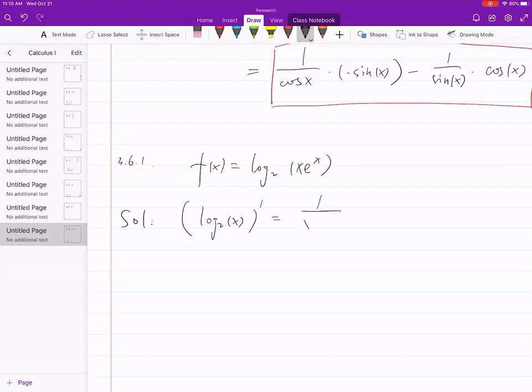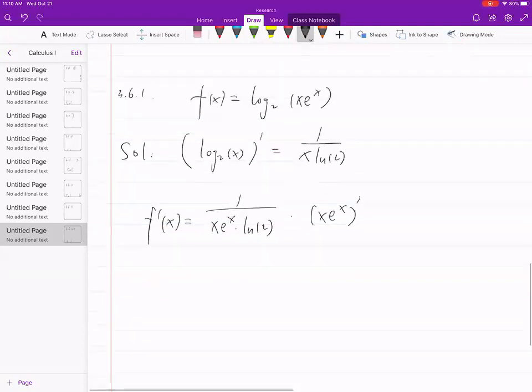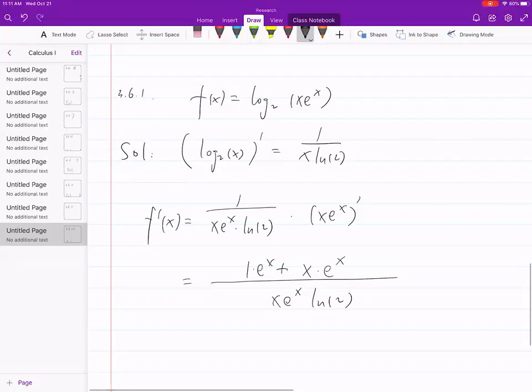It's roughly 1 over x, same as ln, except you have this. Once you know that, that's for the log base 2 part. The rest is for this part, by the product rule.